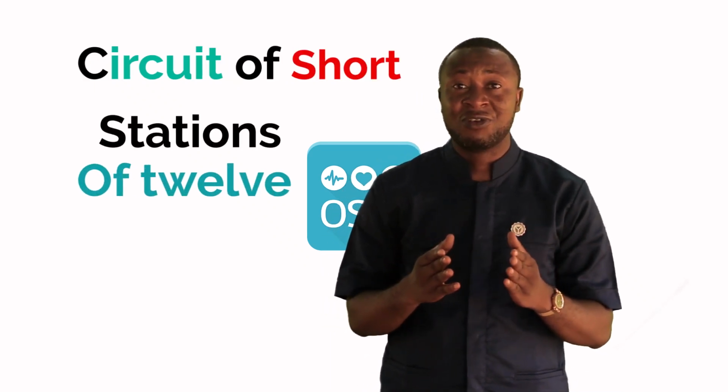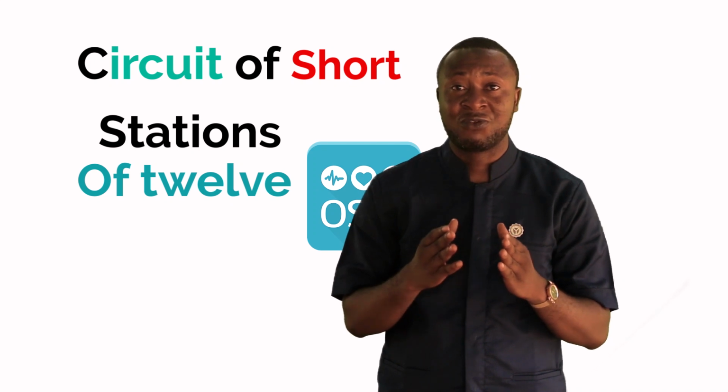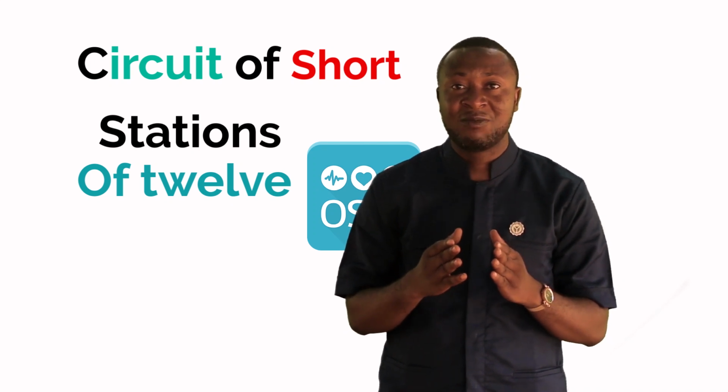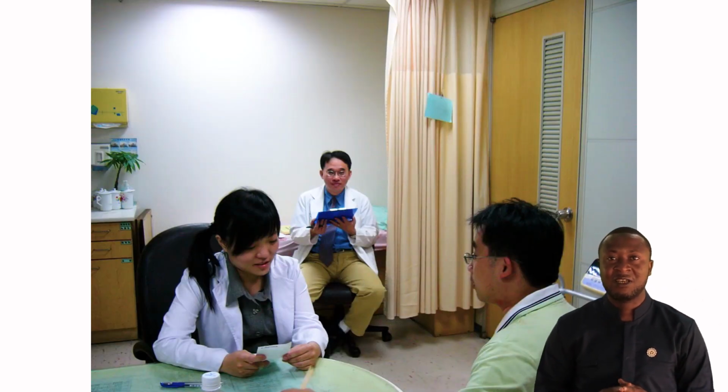An OSCE usually comprises a circuit of 12 short stations. The usual time to be spent on each station is 5 minutes. This is according to the Nursing and Midwifery Council of Nigeria, in which each candidate is examined on a one-on-one basis by a number of impartial examiners with either real or simulated patients.